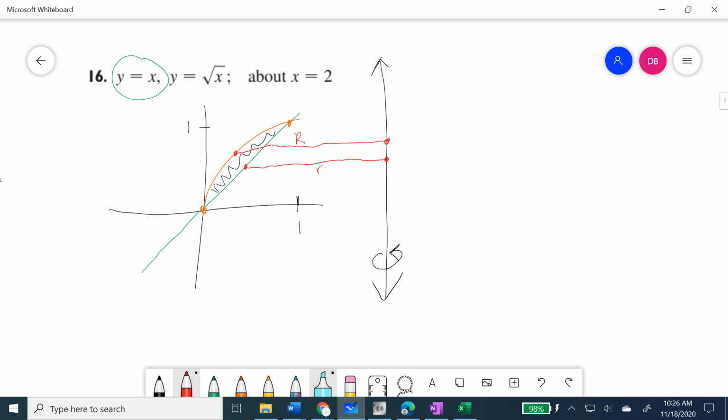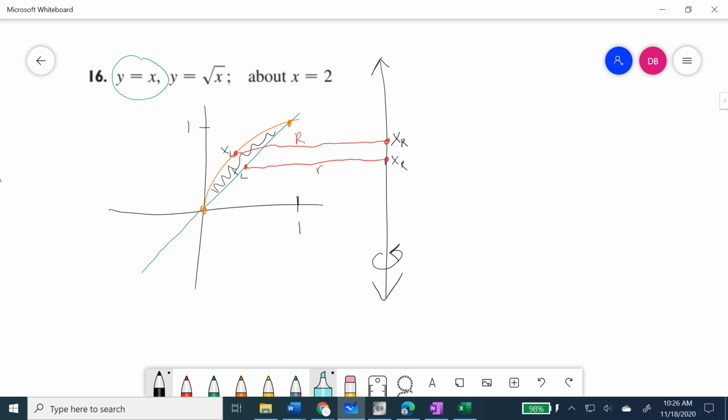Then I look at the fact that my radii are horizontal. When I go to find the lengths of my radius, I need to subtract a right x coordinate and a left x coordinate. And if my radii are horizontal lengths, that means my tiny cuts are vertical distances.